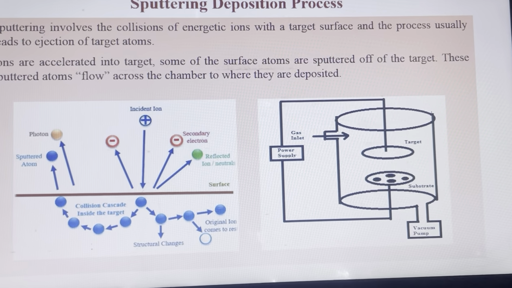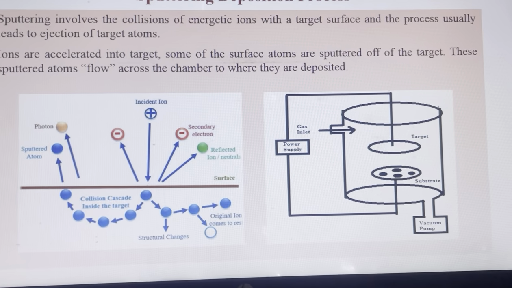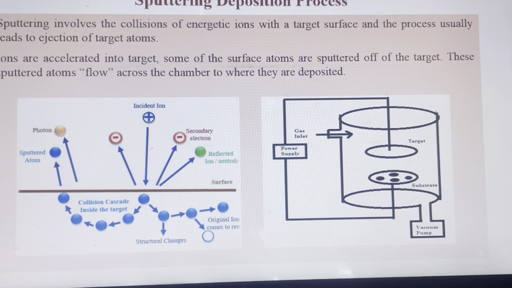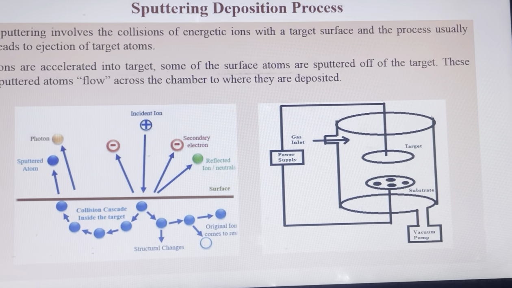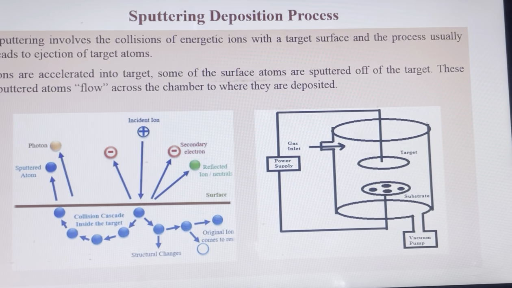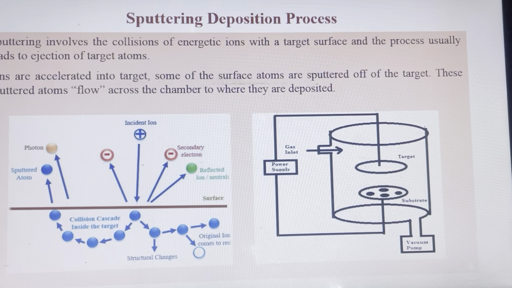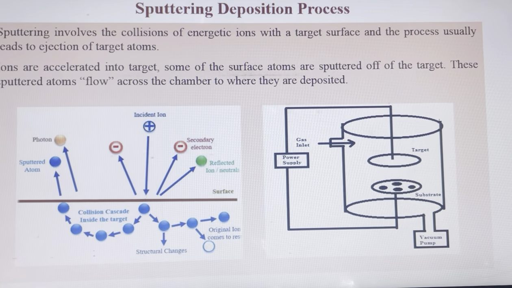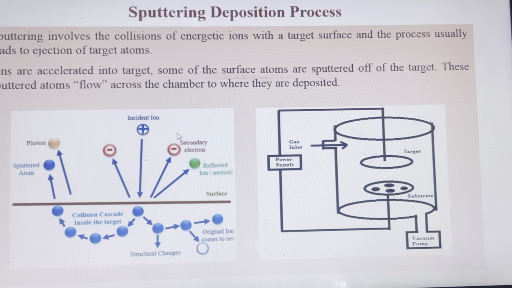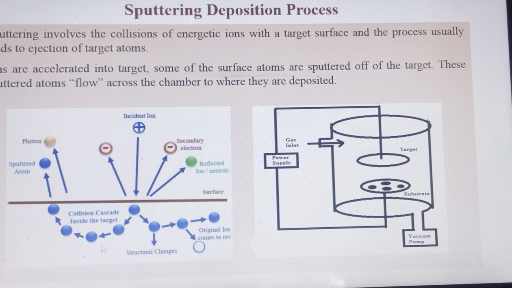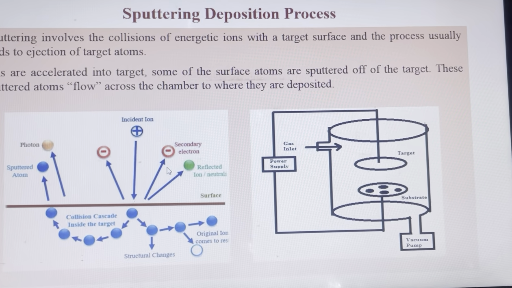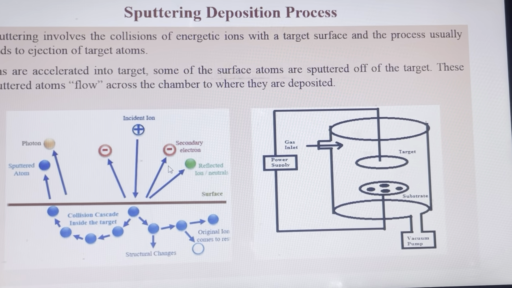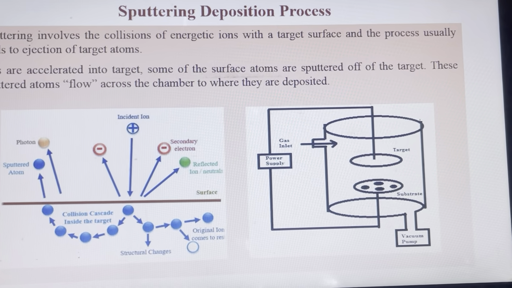Here in this video we are going to discuss the sputtering deposition process. Sputtering deposition involves the collisions of energetic ions with a target surface, and the process usually leads to the ejection of the target atoms. This is the diagram for the process of ejection and deposition in sputtering.